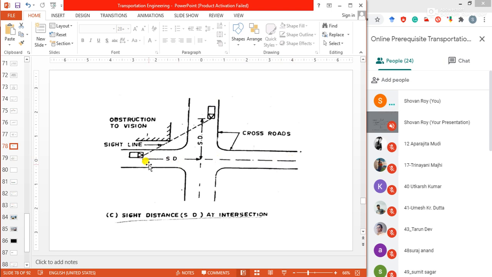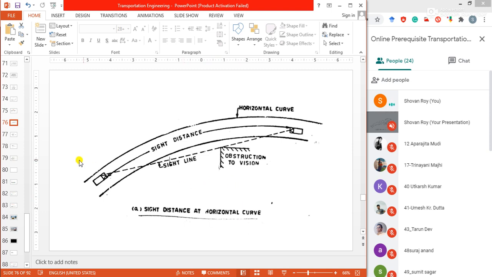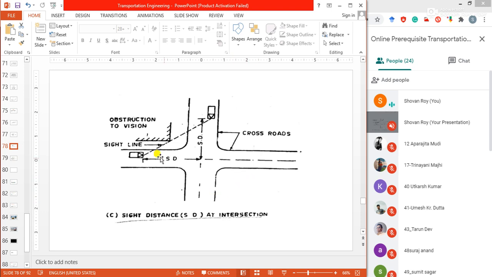Okay, same here, like in the horizontal alignment, also in intersections obstruction may be there, and during construction of the highway we should maintain this sight line, we should maintain the distance through which drivers can see each other.